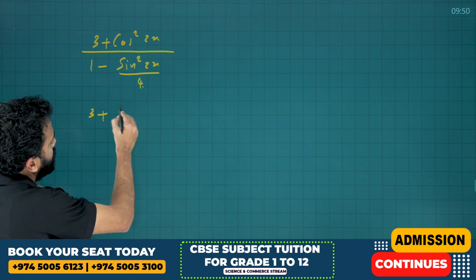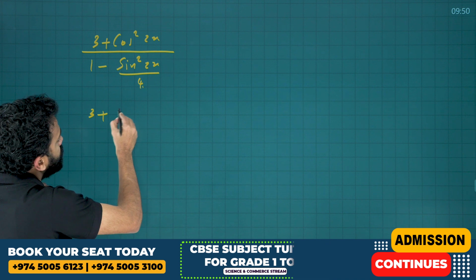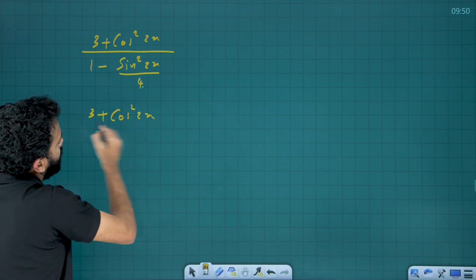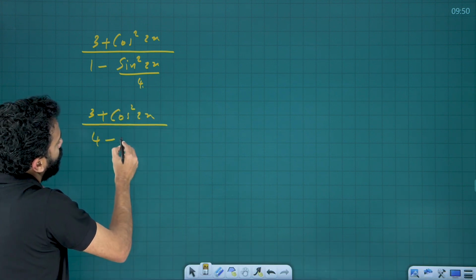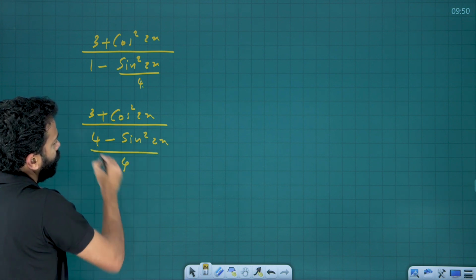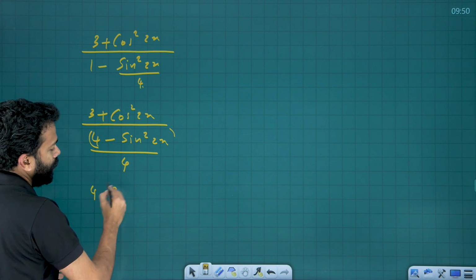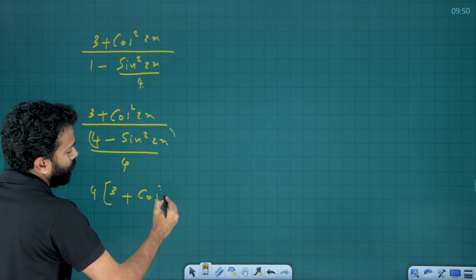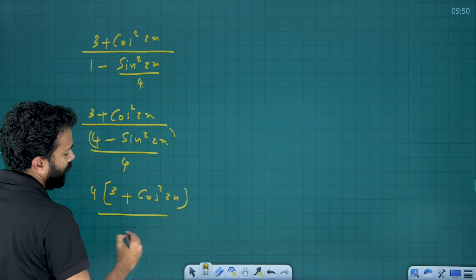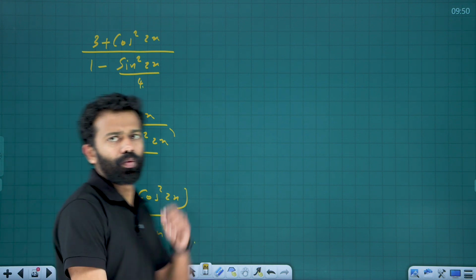It will be 3 plus cos²2x divided by 4 minus sin²2x divided by 4. This comes to the numerator, that is 4 into 3 plus cos²2x divided by 4 minus sin²2x. So what will you do from here?